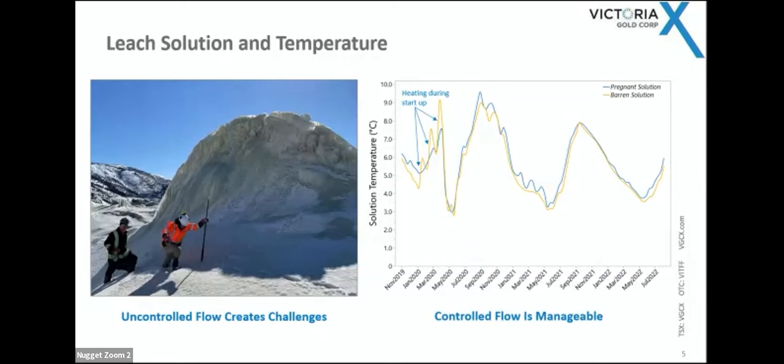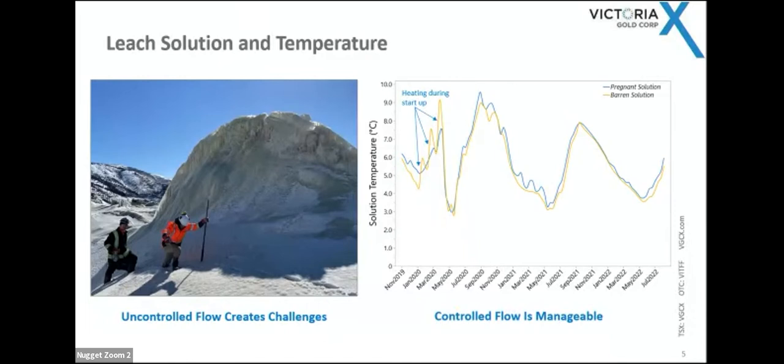But the caveat to that is controlled flow is totally manageable, right? So in the graph here, let's see if I can get the pointer. You can see that this is the average daily temperature profile since basically the startup of life of mine.